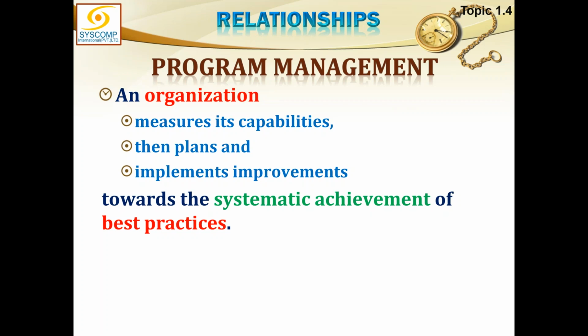So there will be some capabilities, there will be certain KPIs, and those KPIs will be pointing towards certain best practices. OPM3, Organizational Project Management Maturity Model, actually encompasses all of this: capabilities, key performance indicators, and good practices. But here we are just indicating through organizational project management that this is a way to mature your organization.